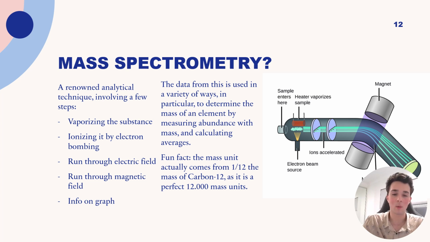But that mass is also equal to a mass unit. So that's how they got the measure unit to record the weight. So you know how uranium is like 235 AMU or mass units? That mass unit means it's 235 times greater than 1 particle of carbon-12. Anyways, this will be a fun fact for you.